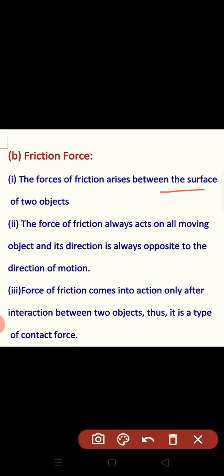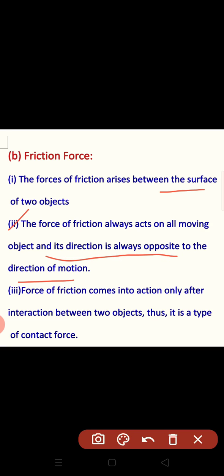The force of friction always acts on moving objects. If the objects are stable, both at rest, then friction will not be applied. But if any one of the two objects is moving, then frictional force will be applied. Its direction is always opposite to the direction of motion.